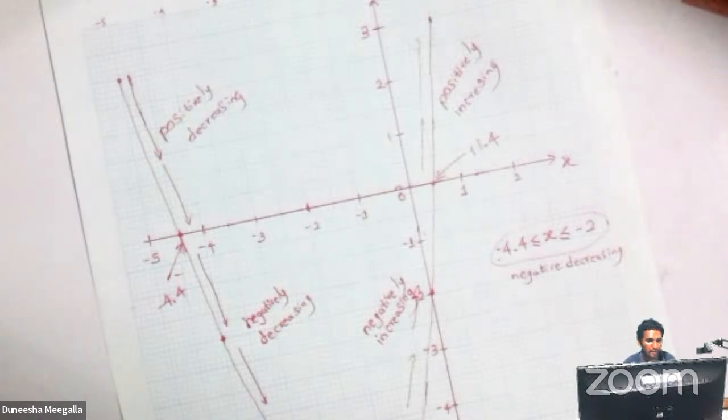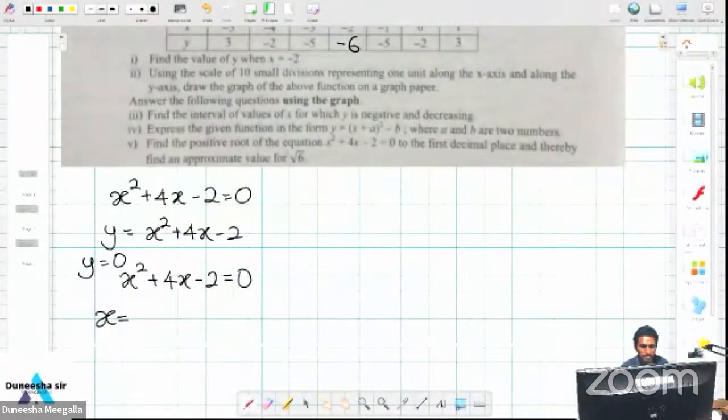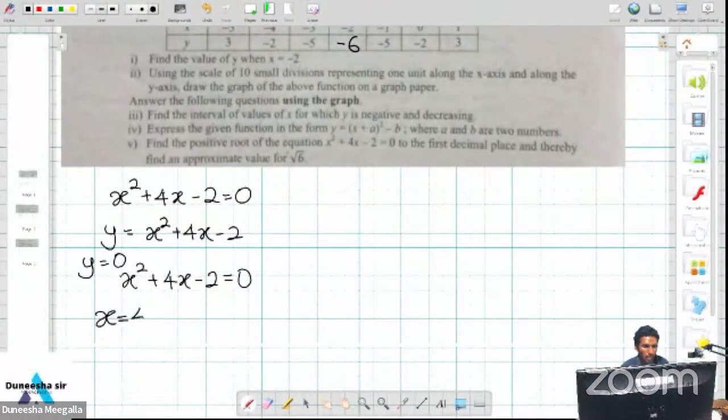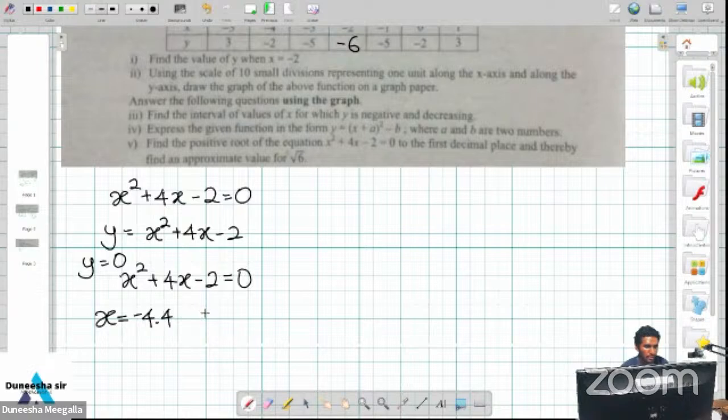The roots are x equal to minus 4.4 and x is equal to plus 1.4. What is the positive one? Positive one is here. This is not the, it's a negative. Then x equal plus 1.4. Okay. Satish එක තේරුණාද?